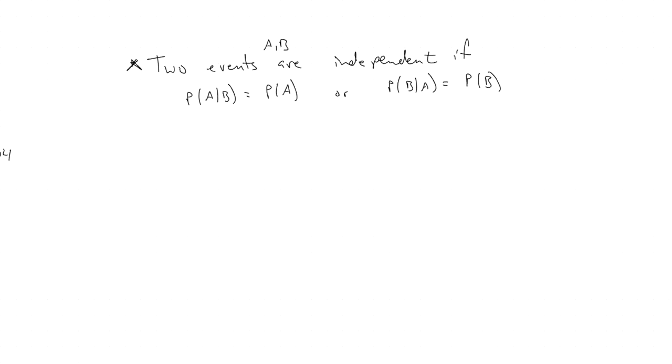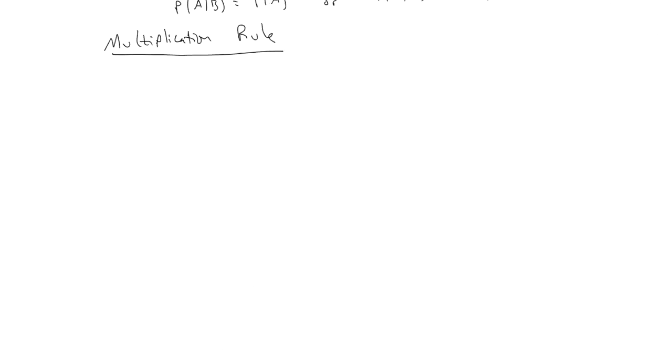Now we're going to get to the multiplication rule, which we said we would get to. This comes from the conditional probability rule. The idea is we want to find the probability of A and B. We're just going to rearrange the conditional probability rule.